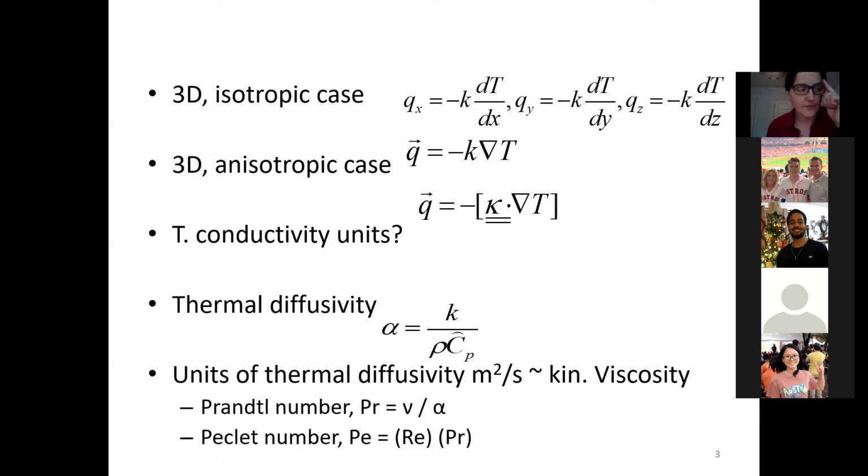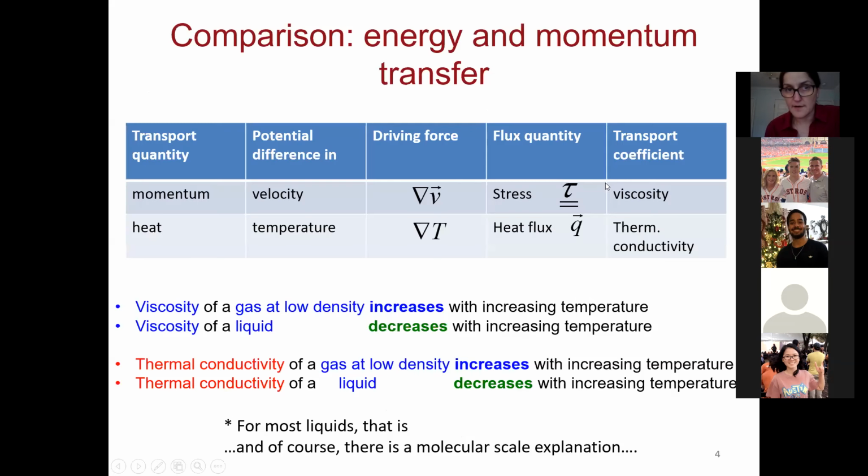Does anybody recall what those units are of thermal conductivity k? Can you flip through notes and find out? All right, watt. So watt is joule per second per meter per Kelvin. Meter squared or meter?